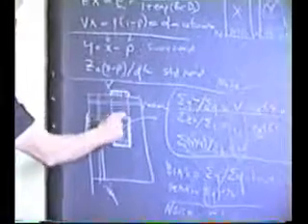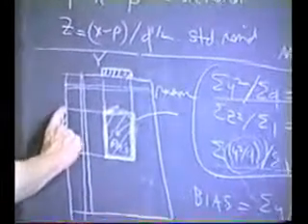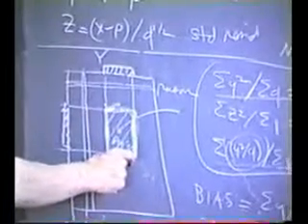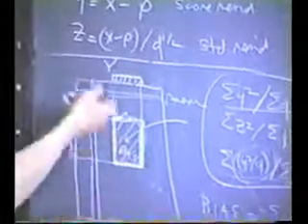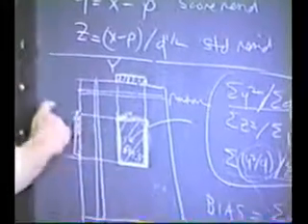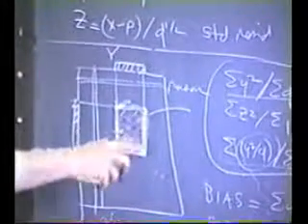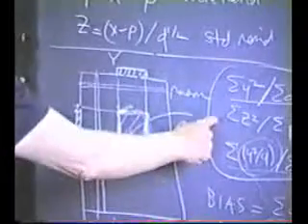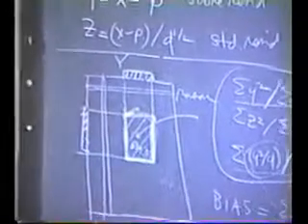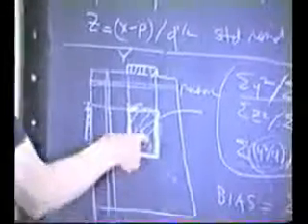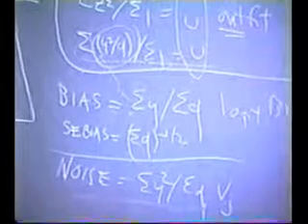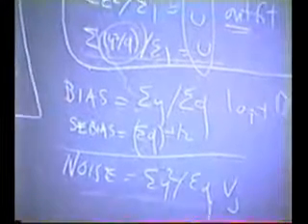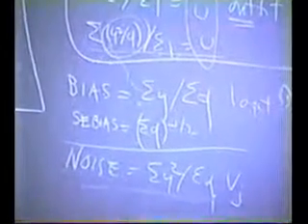When you identify the people who are causing the trouble and you remove them, the items will fit. When you identify the items that are causing trouble and remove them, the people will fit. And when you bring them together, there is a bias here, but no misfit inside. That is, the noise inside is okay. It can be explained by a fixed effect, common to these people and these items. And the estimate of that fixed effect is this bias estimate right here.